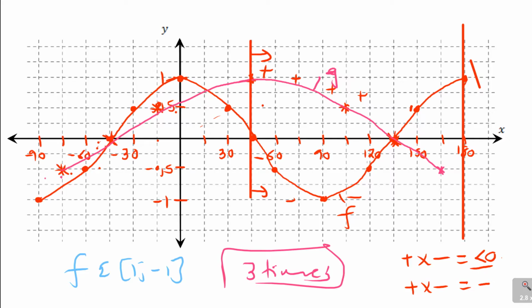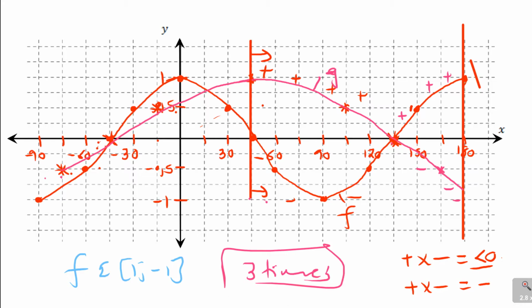Because this graph was supposed to continue like this. So that is where. So here you look at it, it's from here, positive. Now this is positive, this is negative, still positive, negative, positive, negative. Are you seeing that?